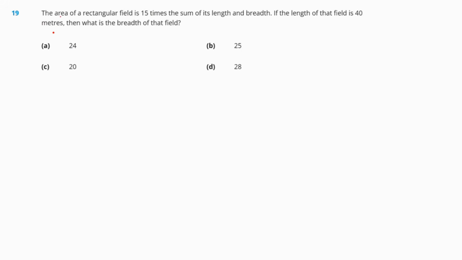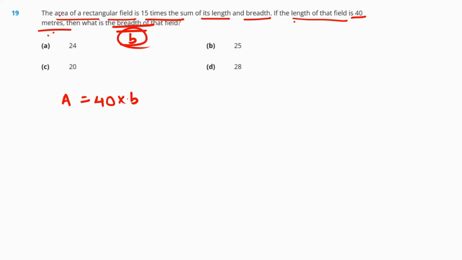Next question, 19. The area of a rectangular field is 15 times the sum of its length and breadth. Length is given to be 40 meters. Area of a rectangle's formula is length into breadth. Length is given to be 40. Let the breadth be B. So according to the formula, the area should be 40 times B. But according to the question given, it's 15 times the sum of length and breadth. Sum of length and breadth is 40 plus B, 15 times of that.